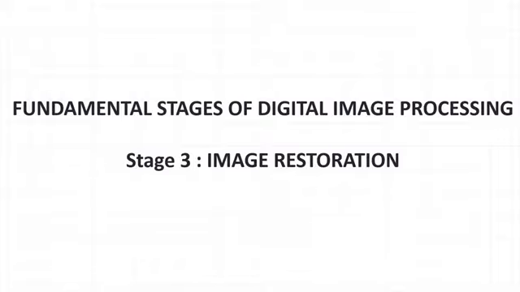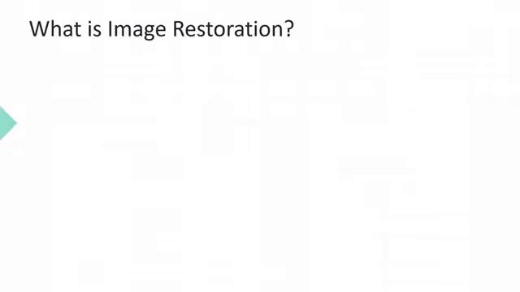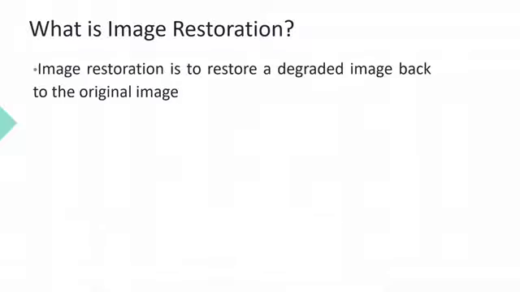Now coming to stage 3 of digital image processing, referred to as image restoration. It is one of the most application oriented stages. What is image restoration? Very first thing, it is used to restore a degraded image back to the original image.